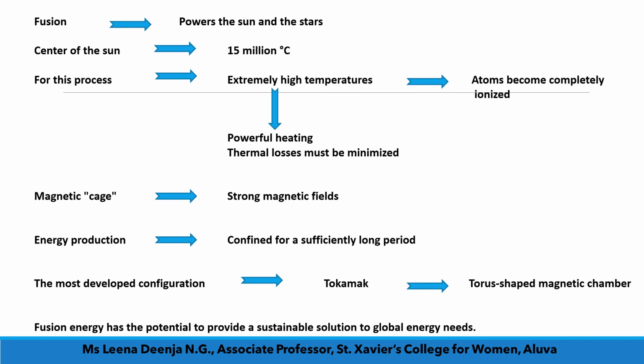For energy production, this plasma has to be confined for a sufficiently long period for fusion to occur. The most developed configuration at present is the tokamak, a Russian word for a torus-shaped magnetic chamber.